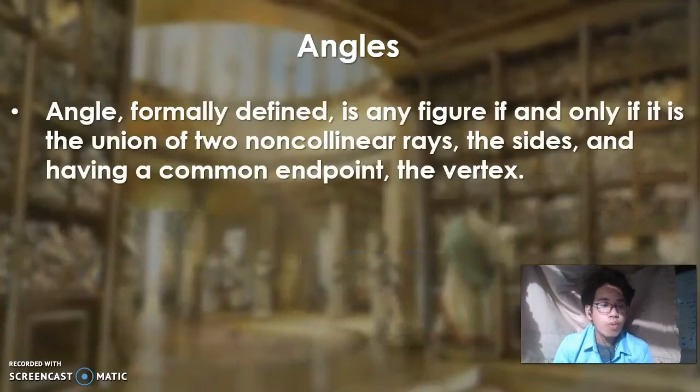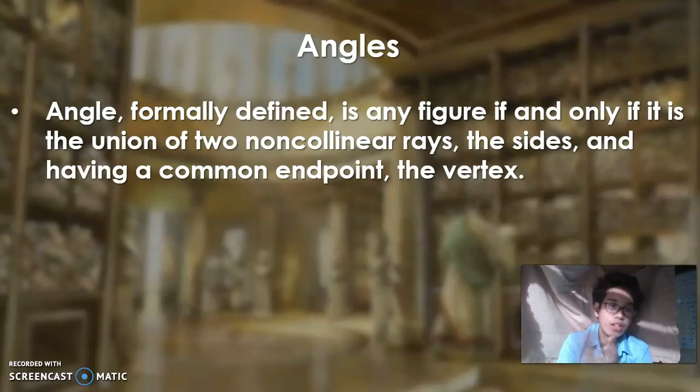So what's the formal definition of an angle? An angle is formally defined as any figure if and only if it is the union of two non-collinear rays, the sides, having a common endpoint, the vertex. Let's highlight two parts. We have two non-collinear rays. What does that mean? Non-collinear means they do not lie on the same line.